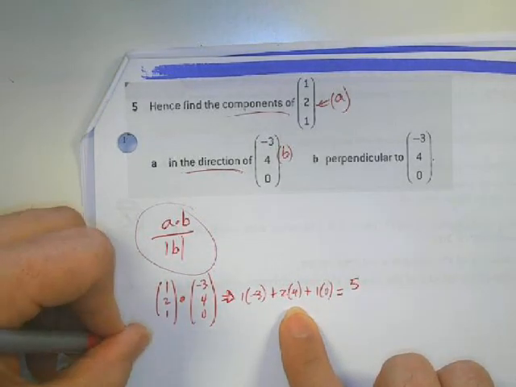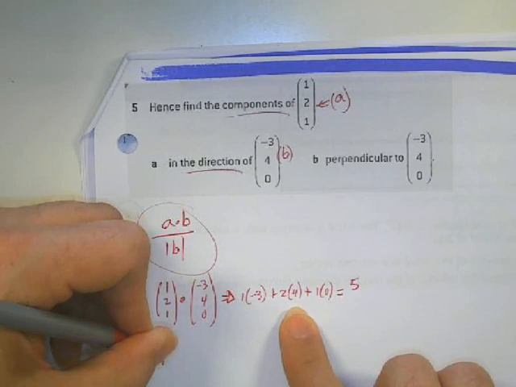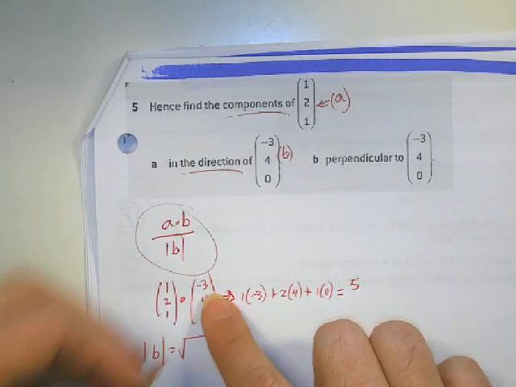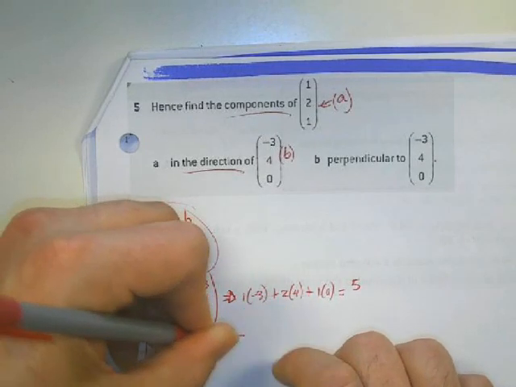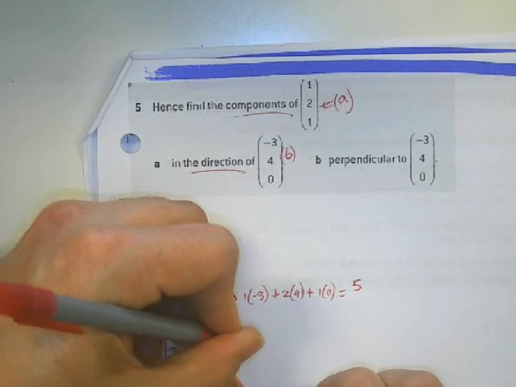Magnitude of B is equal to the square root of negative 3 squared plus 4 squared plus 0 squared.